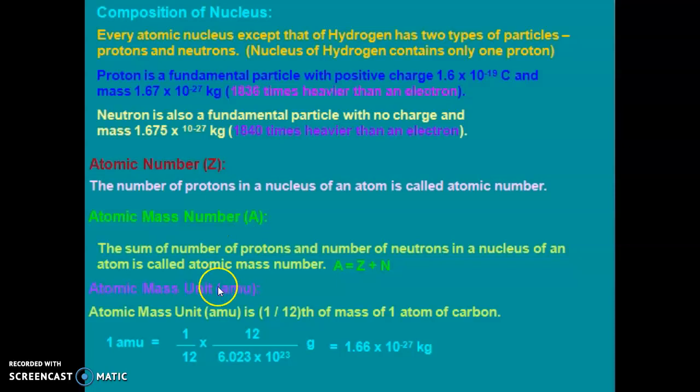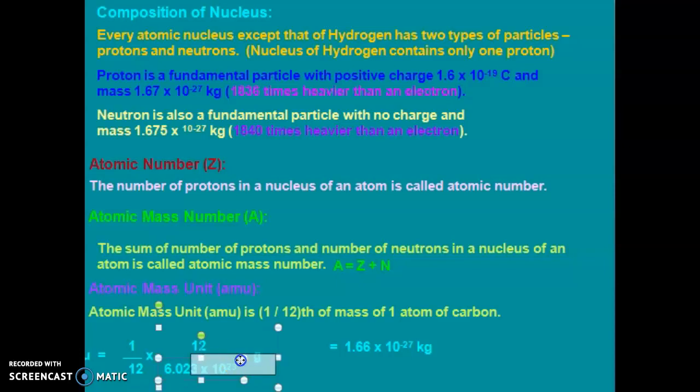Atomic mass unit. What is atomic mass unit? It is also called AMU. Atomic mass unit is 1/12 of the mass of one atom of carbon. So what is the mass of a carbon atom? 12 over Avogadro's number, which is 6.023 into 10 raised to power 23.